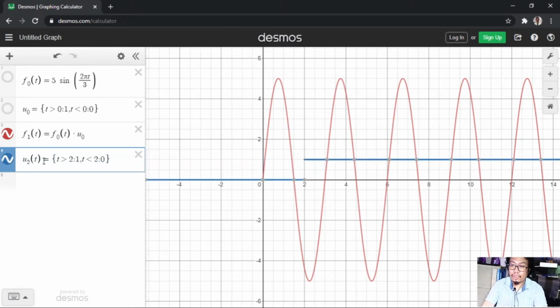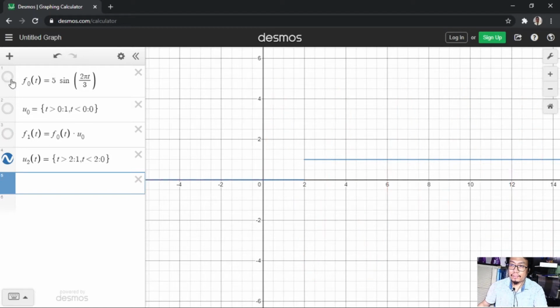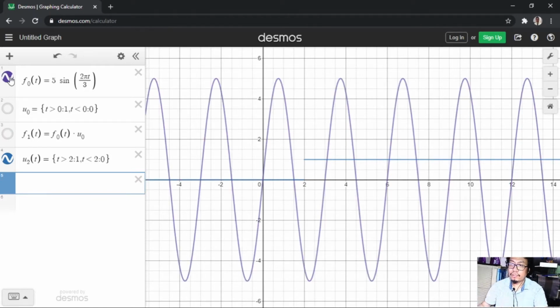So that's u2. Now, if you multiply the base signal with that one, your signal would simply be multiplied by a step function, and it would retain values when your step function is 1.